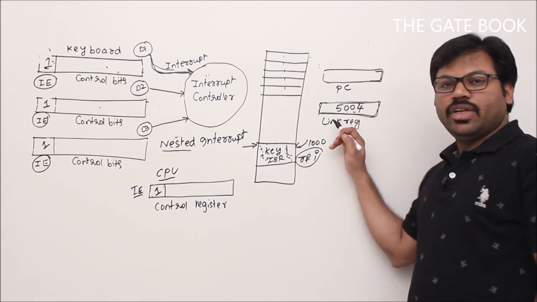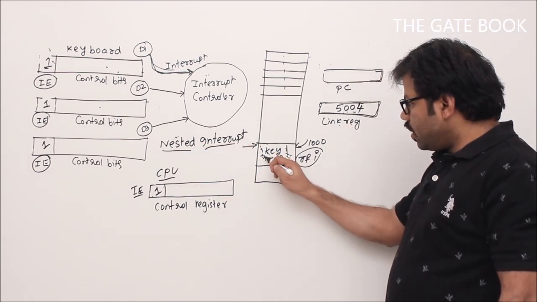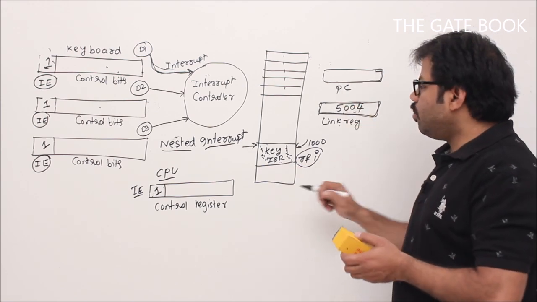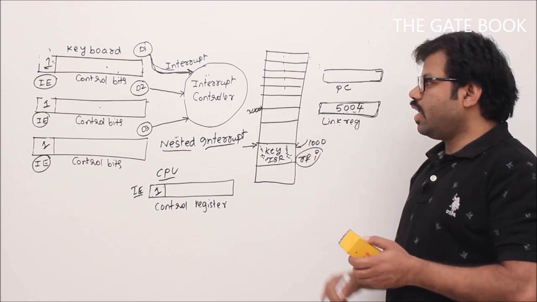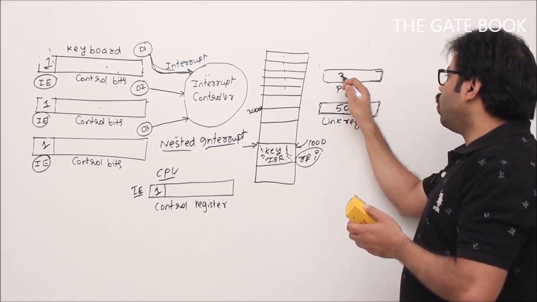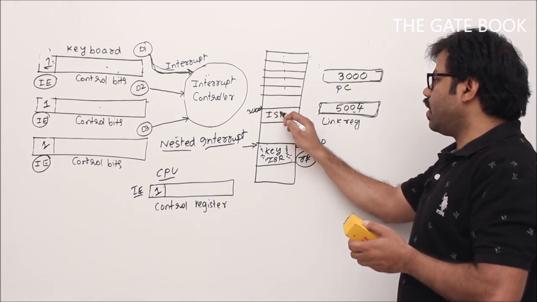But the problem is, if nested interrupts are allowed, when you are executing this program, one more interrupt comes. Let's say another interrupt service routine is at 3000. Then in the program counter, we keep 3000 so that we can serve the next interrupt service routine.